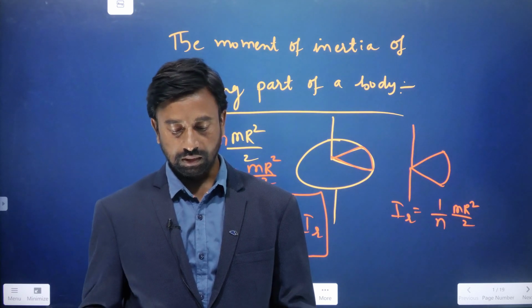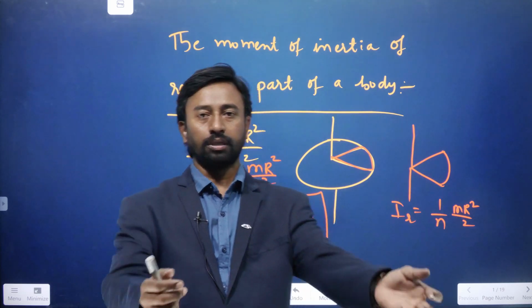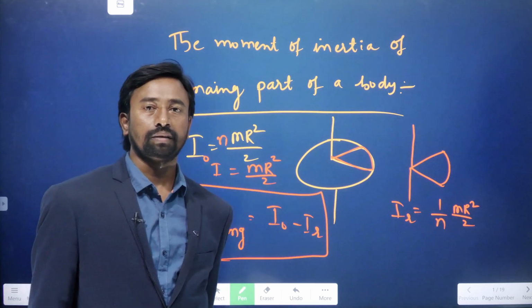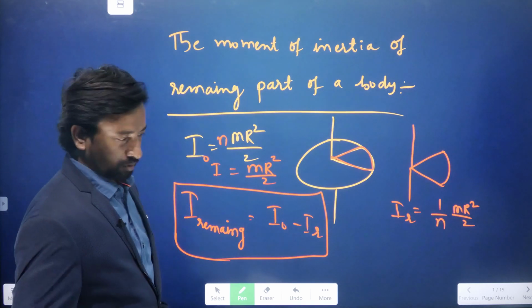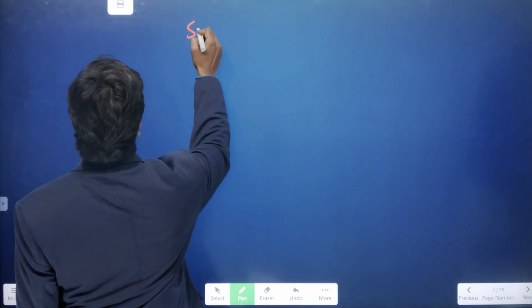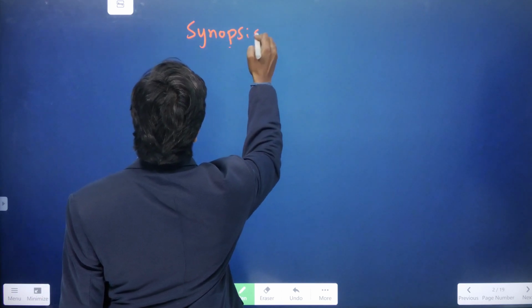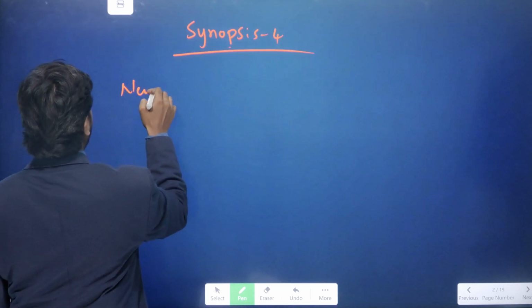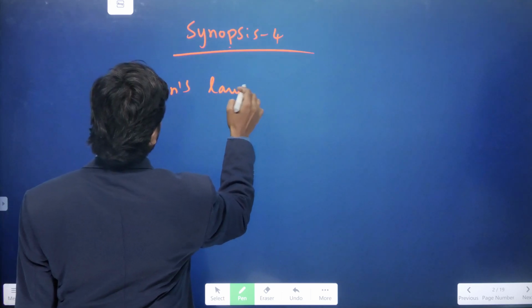Synopsis 4 is about Newton's second law of motion, and by Newton's second law we are going to discuss the torque and the couple acting on the body.